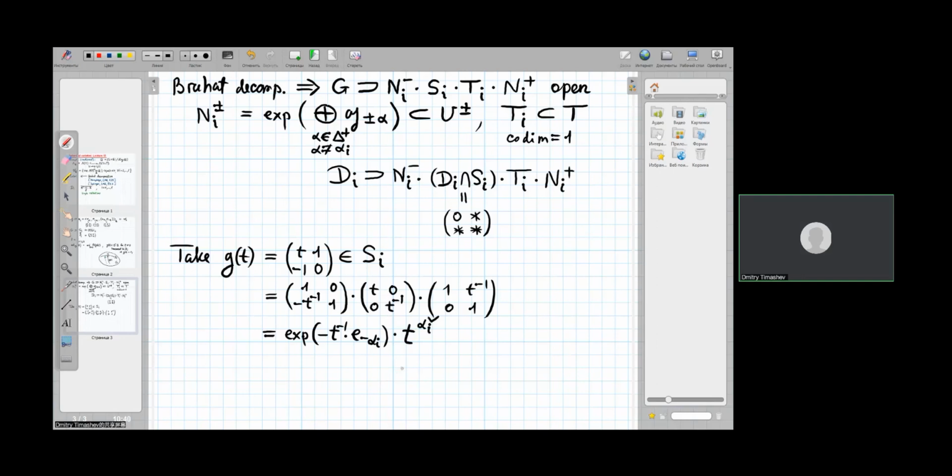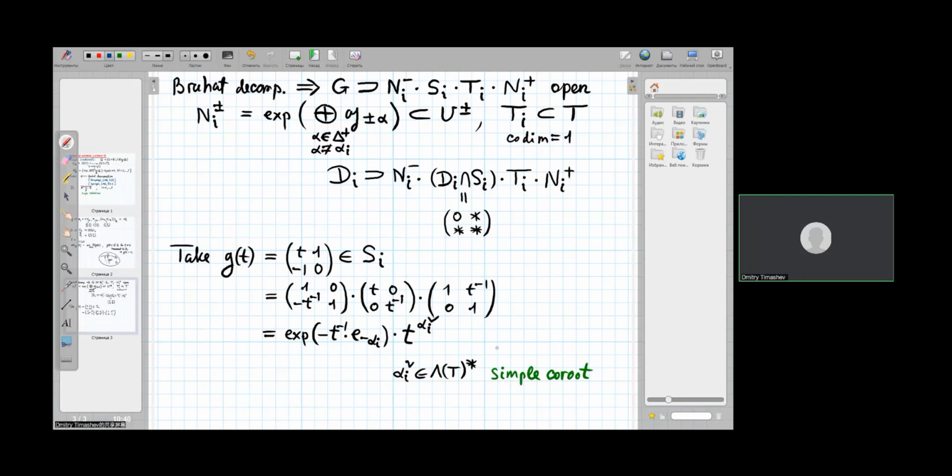So this alpha I check is a vector in the dual of the character lattice, called the simple co-root corresponding to the simple root alpha I. So you can read more about simple roots and simple co-roots in the references.